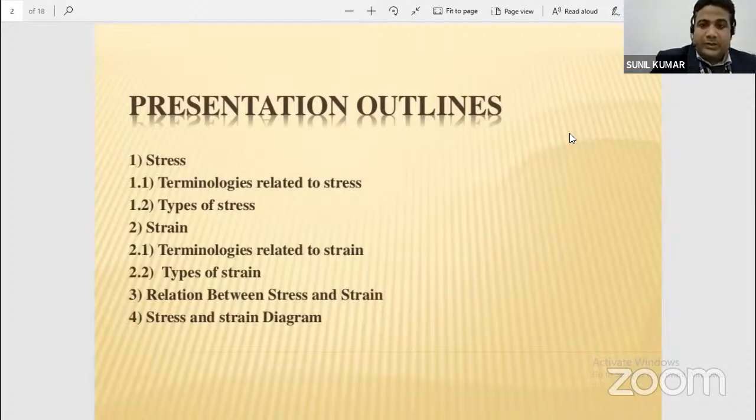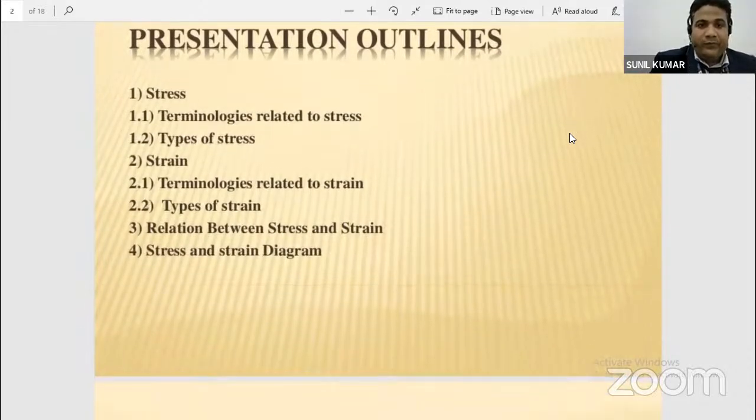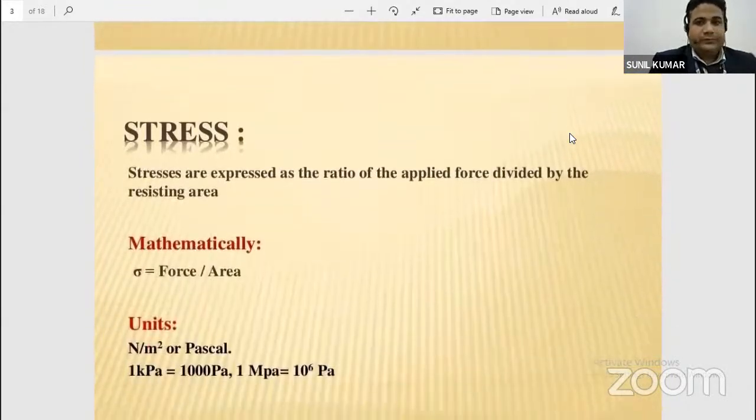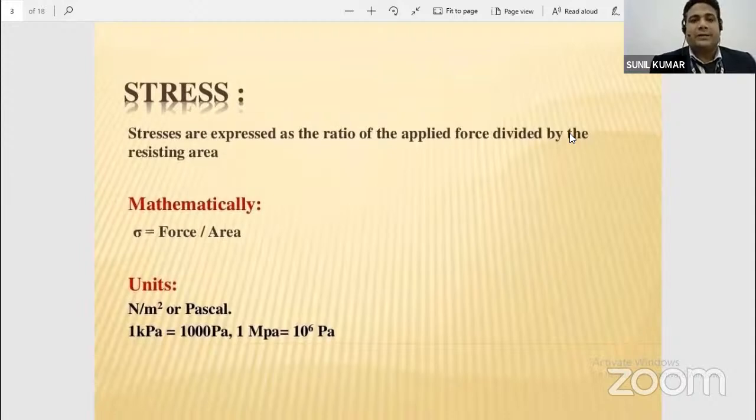Coming to the next slide, this is the definition. Stress is expressed as the ratio of applied force divided by the resisting area. Mathematically, sigma is equal to force divided by area. As you know, the unit of force is Newton and area is meter square.